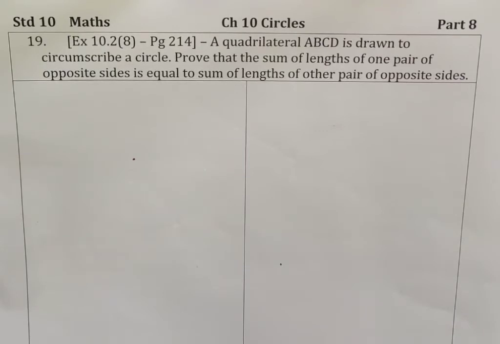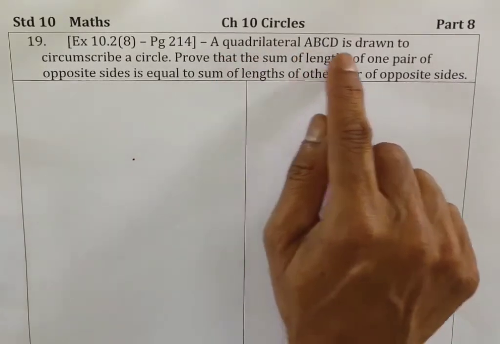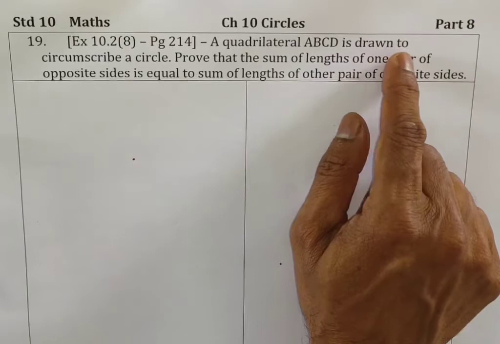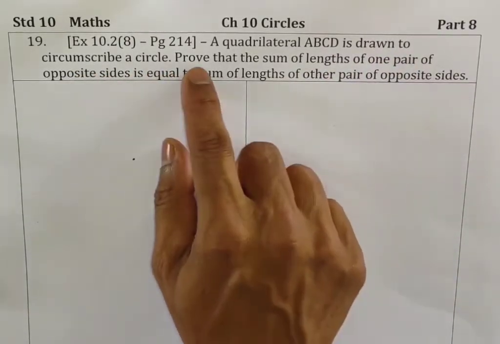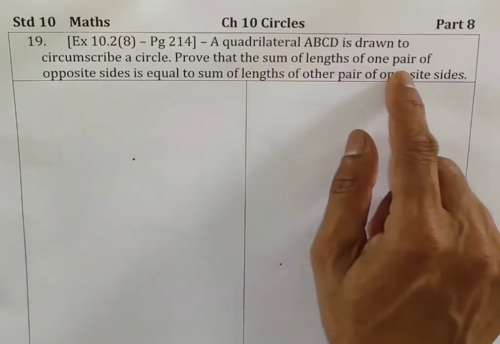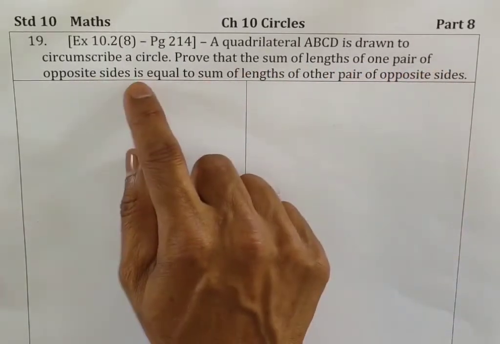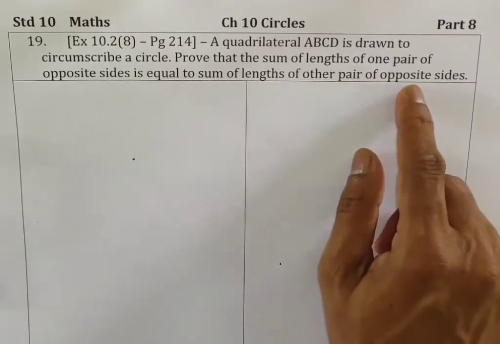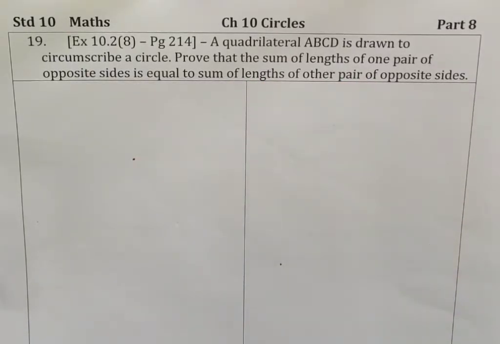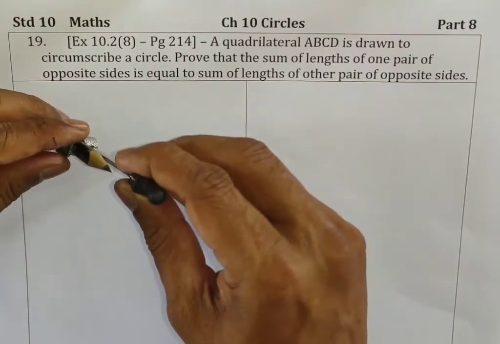Number 19. A quadrilateral ABCD is drawn to circumscribe a circle. Prove that sum of length of one pair of opposite sides is equal to the sum of lengths of other opposite sides. Okay, let me draw the figure first and then we'll try to understand that.